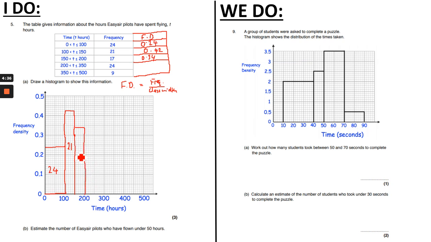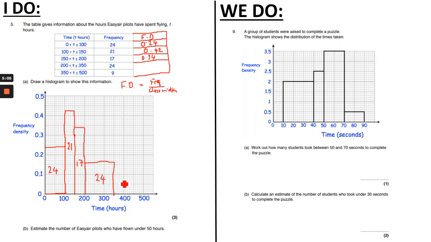And that gives me a frequency of 17. My next one, I need to do 24 divided by 150. The next one is going from 200 to 350 here. So 24 divided by 150 gives me 0.16. And that gives me a frequency of 24.